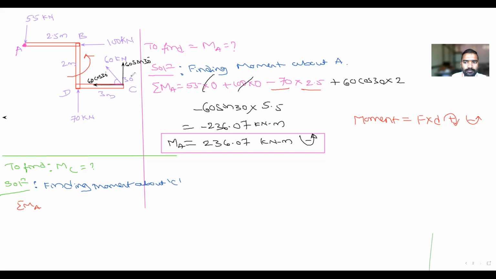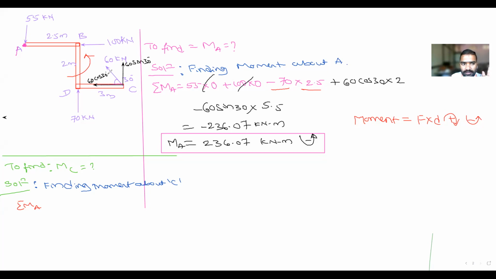Okay, Prathamesh. Yes, sir. Next, one more. The C force is 60 kilonewton at an angle of 30 degrees. Whenever there is an inclined force, you have to resolve it into a horizontal component and a vertical component. Consider first the horizontal component, that is 60 cos 30. Consider there is no other force, only 60 cos 30 is acting on this body.